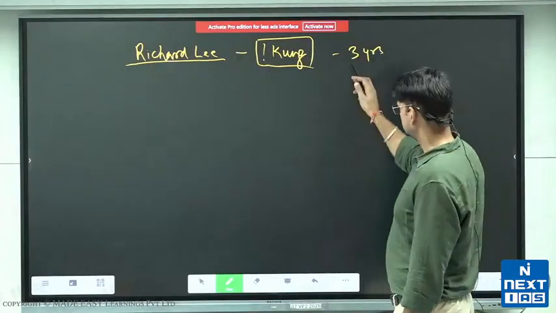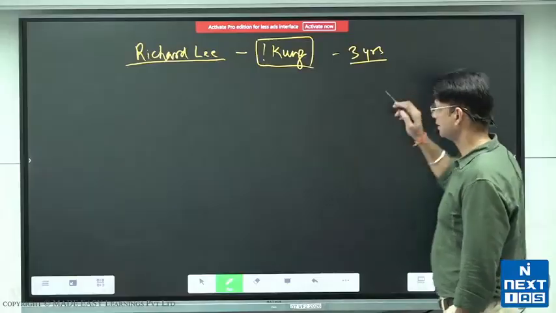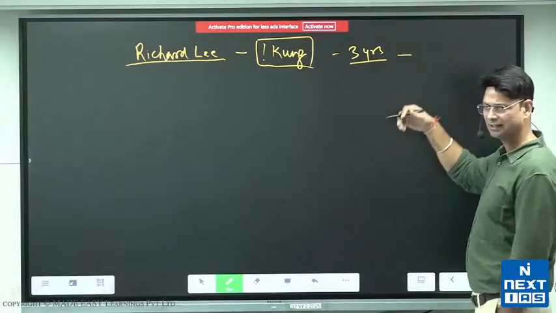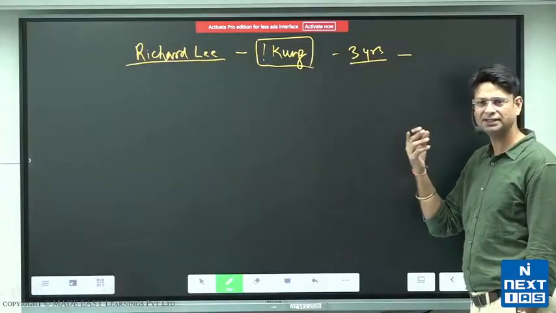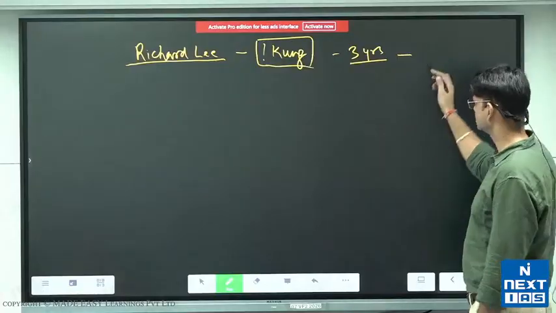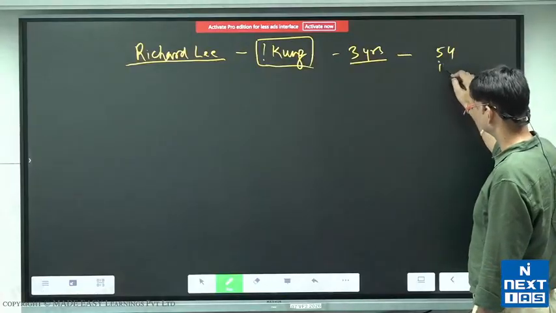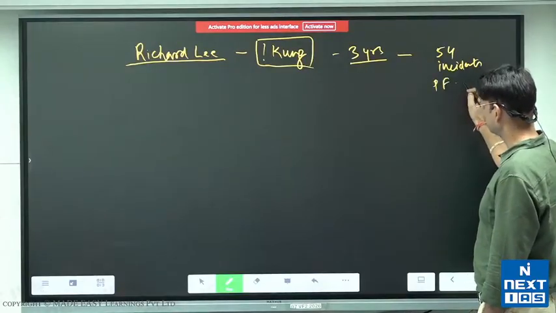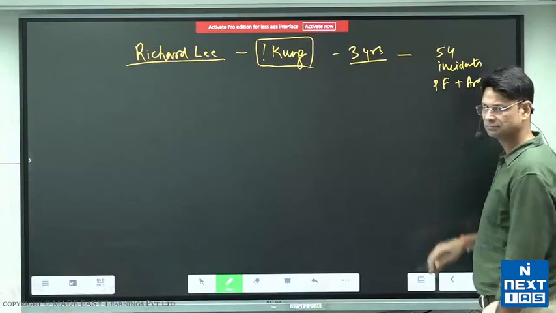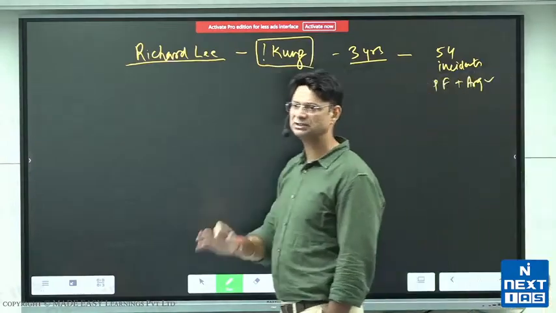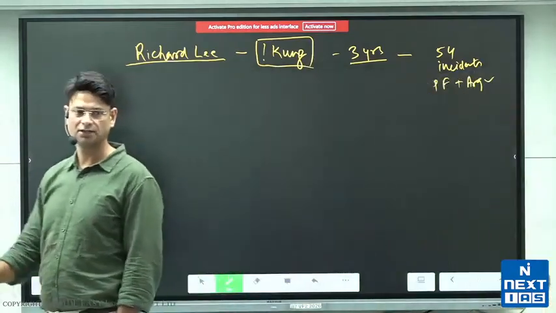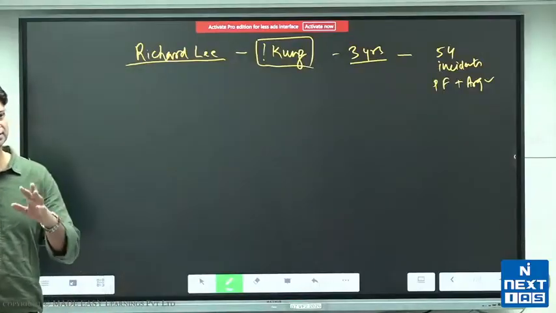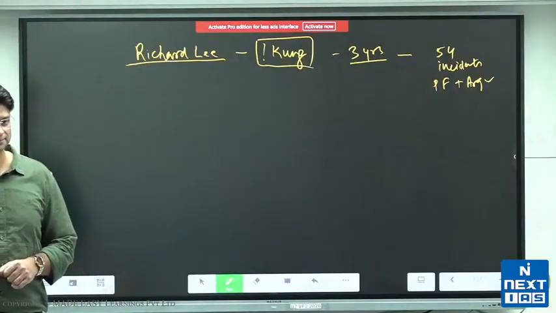In these 3 years of study, Richard Lee found that they hardly fight. लड़ते ही नहीं है ये लोग. He documented just 54 incidents that involve physical fight and some arguments. Just 30 के आसपास ही फिजिकल क्लैशेस हुए, अदरवाइज जस्ट बात करके छोड़ दिया.